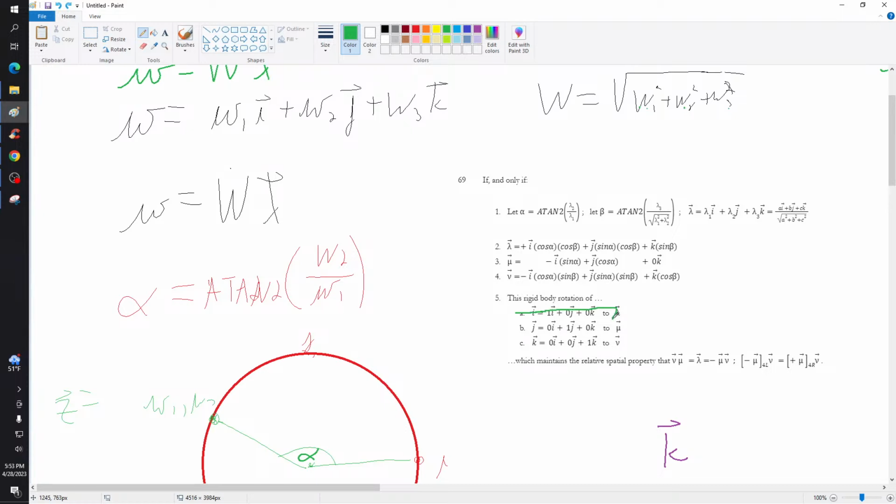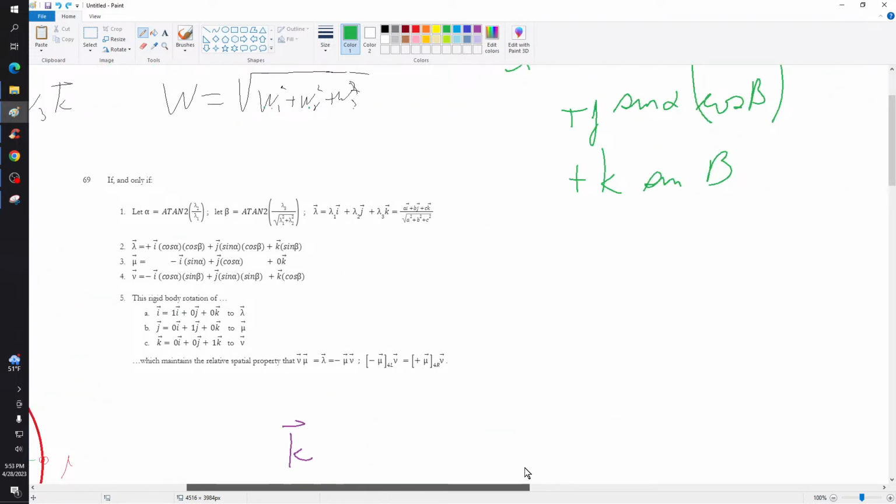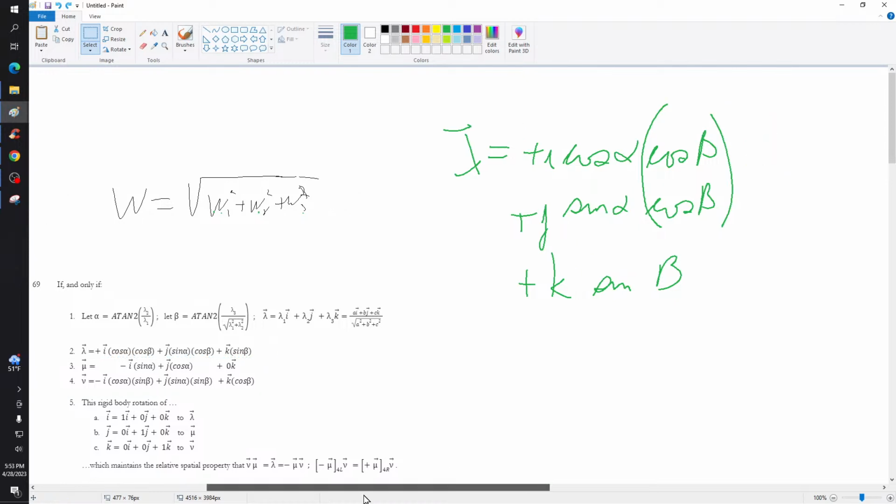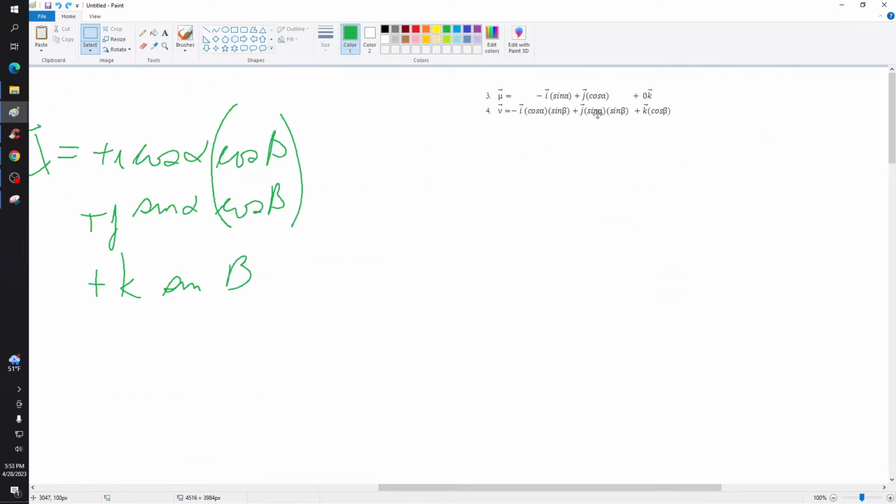So when i moves to lambda, j is going to move to mu, and k is going to move to nu. To guarantee that they remain orthogonal and in the same orientation, such that the rules of multiplication are the same for the quaternions i, j, k, we now say: let mu be a purely imaginary unit vector orthogonal to lambda, and that's equal to negative i sine alpha plus j cosine alpha plus 0k.